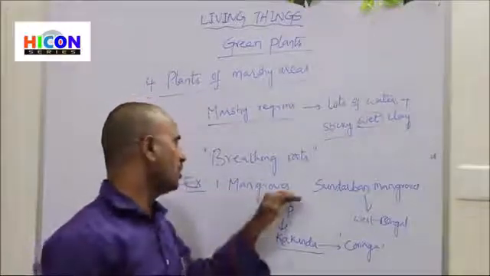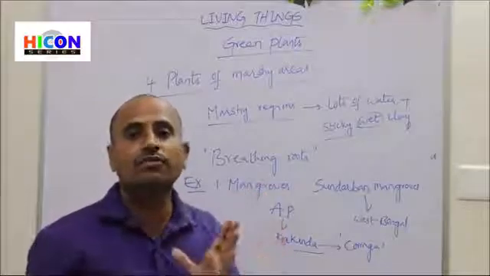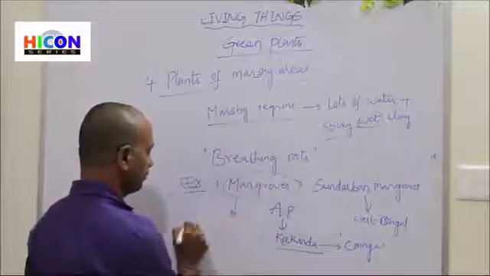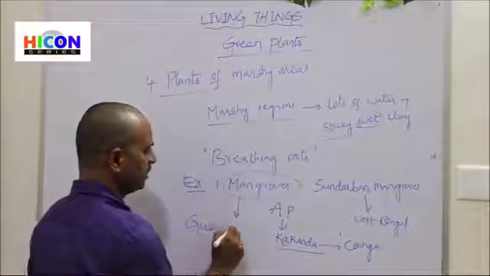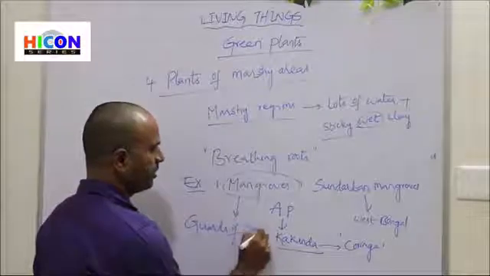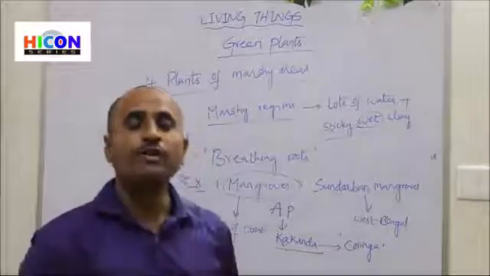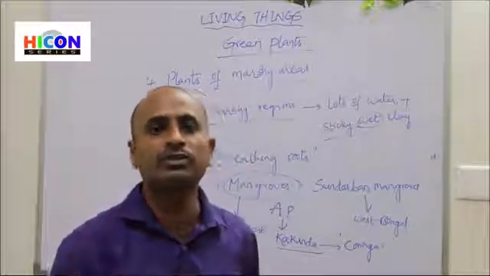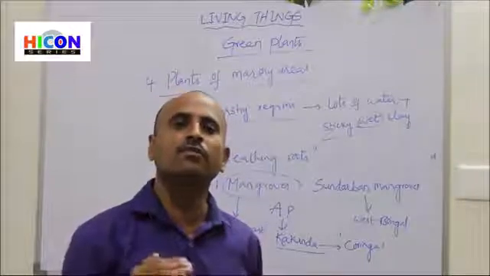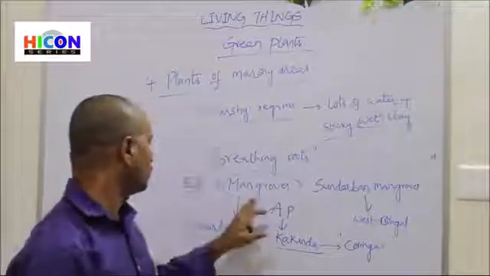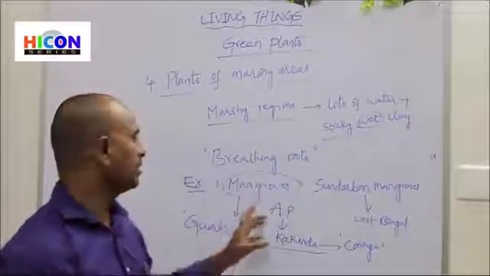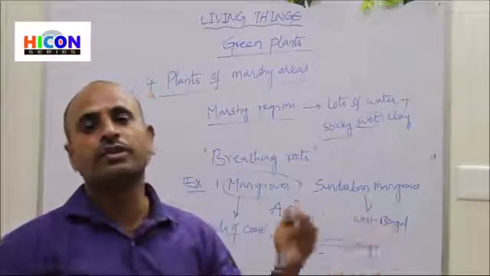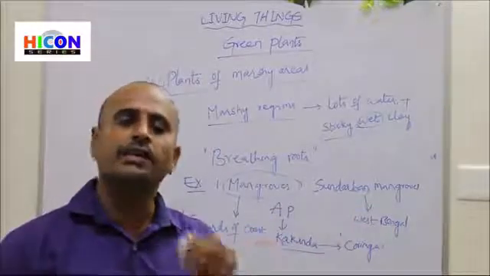These mangroves are also called the gods of the coast, because they protect the banks of rivers and the coast from soil erosion due to the tides in the ocean.